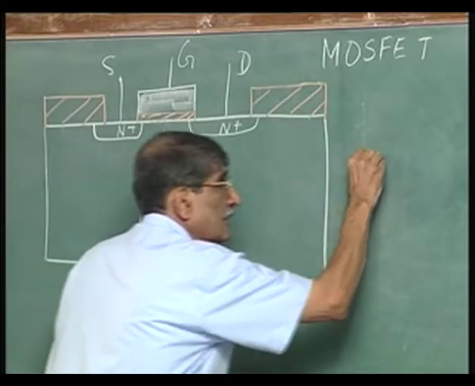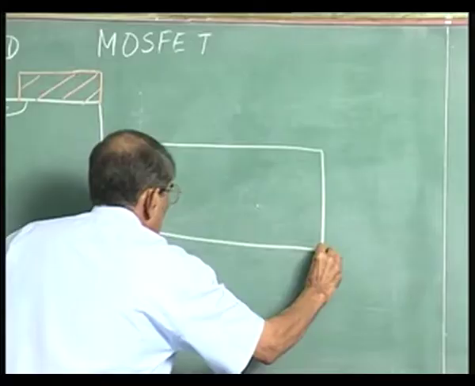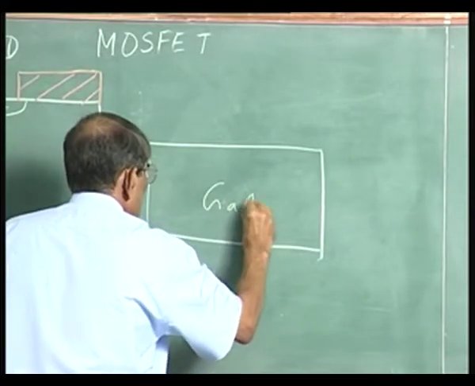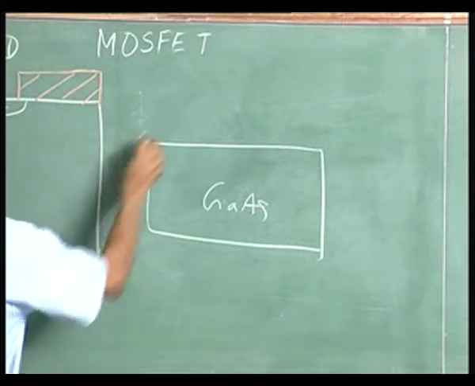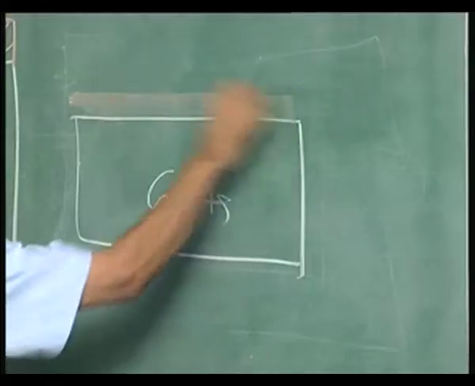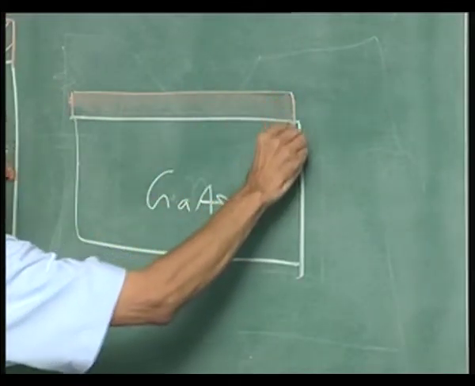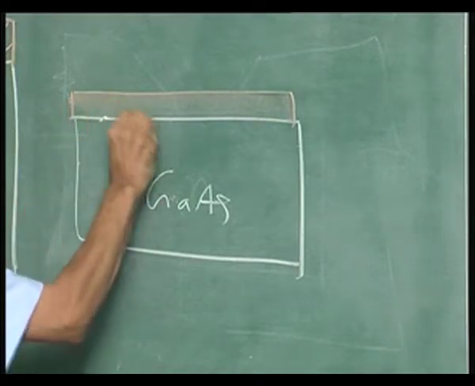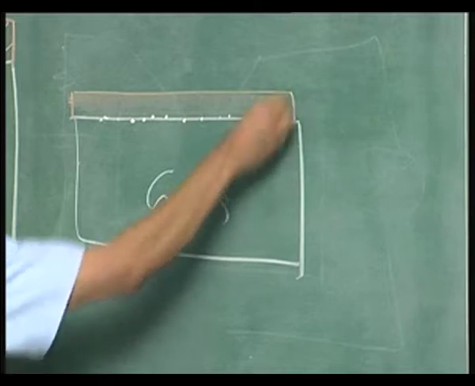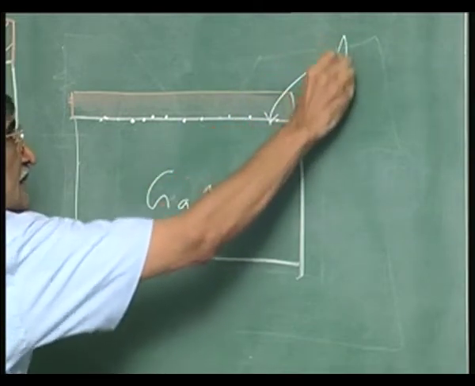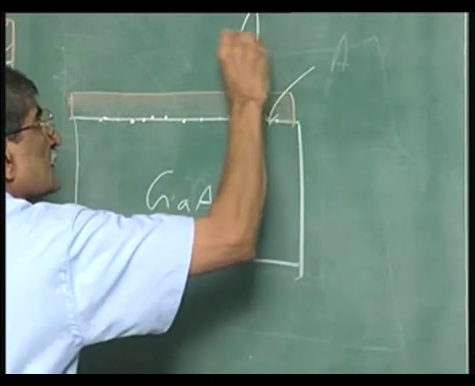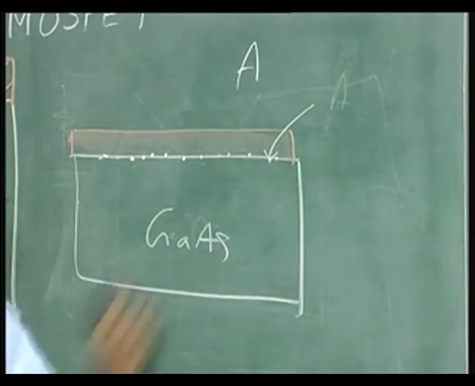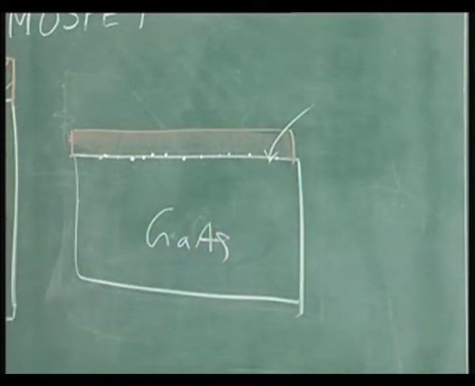If I have gallium arsenide here, and if I oxidize it like this with arsenic overpressure, which I thought is the solution for the whole thing, you will get at the interface, what is that? Arsenic. You get arsenic.